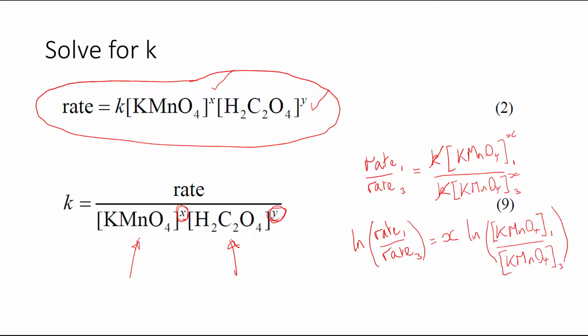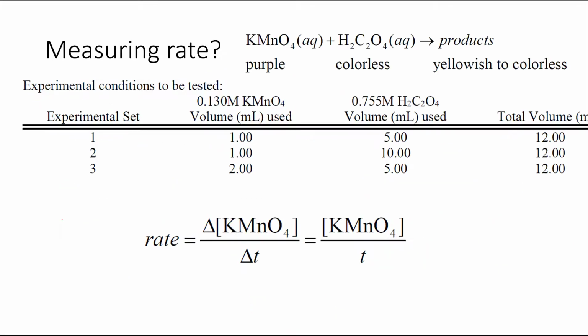Again, both of these concentrations are based on the original stock concentration and are C1V1 equals C2V2. But we plug in the measured rate for that particular experiment, and from that we can solve for the rate constant.